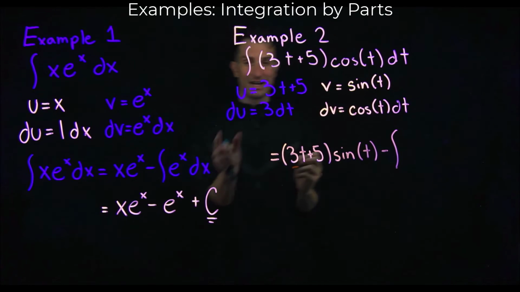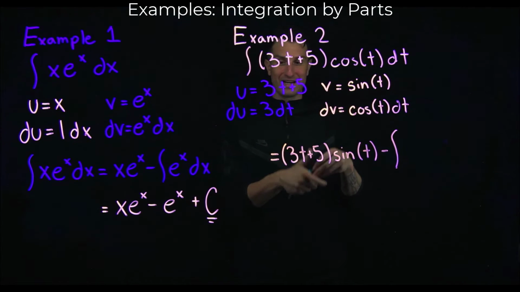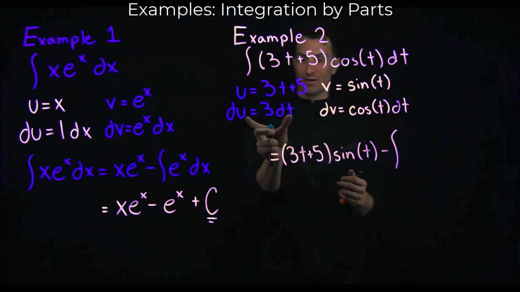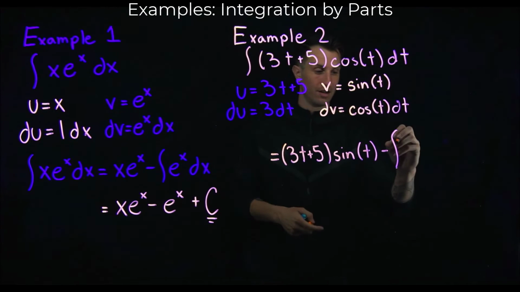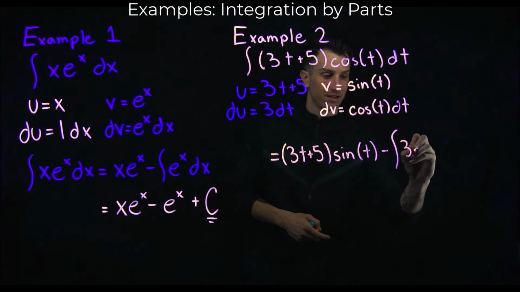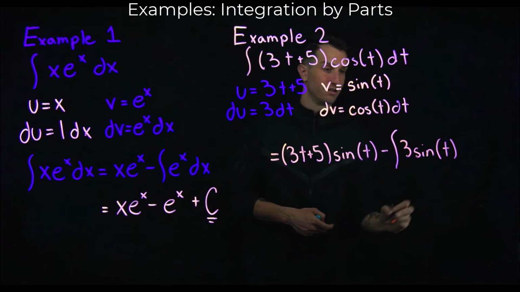So again, why did I pick my u to be 3t plus 5? Well, when I take the derivative here, I got this nice value of 3. So v du, I end up with 3 sine of t dt.